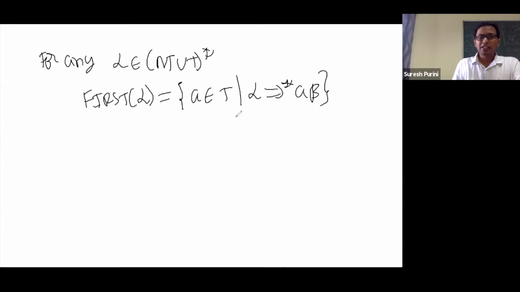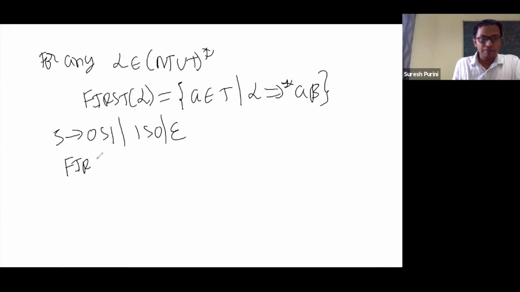Let's try to understand this function first of alpha using a couple of examples. Let's take this grammar: S goes to 0 S 1, 1 S 0, epsilon. Let's first take first of 0 S 1.